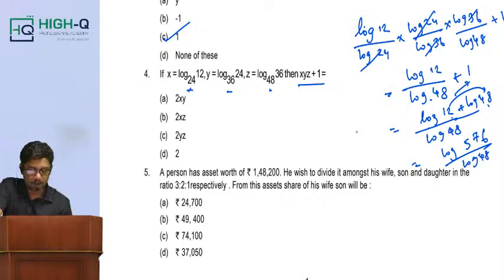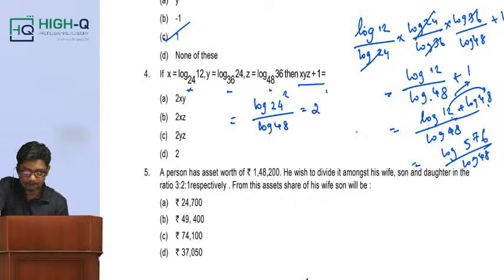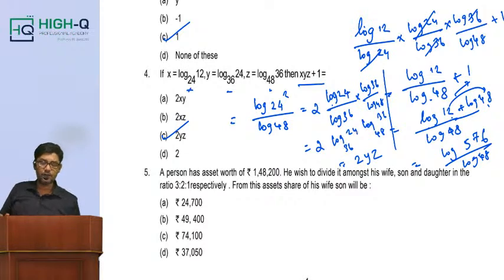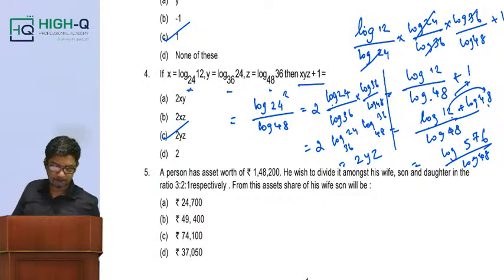What is log 576? Log 576 can be written as log 24 square divided by log 48, and I can write it as 2 times log 24 divided by log 48. I'm just going to multiply and divide by log 36. So 2 into log 24 to the base 36, log 36 to the base 48, which is nothing but 2yz.